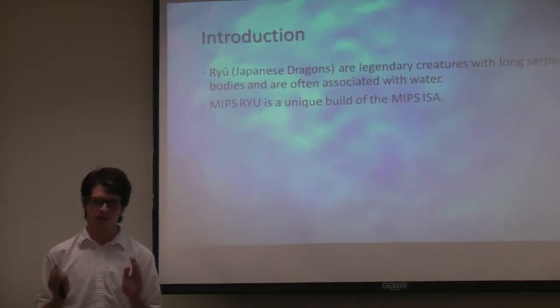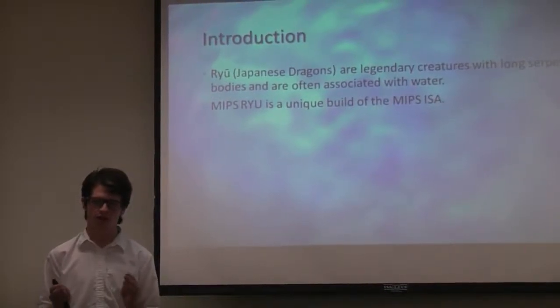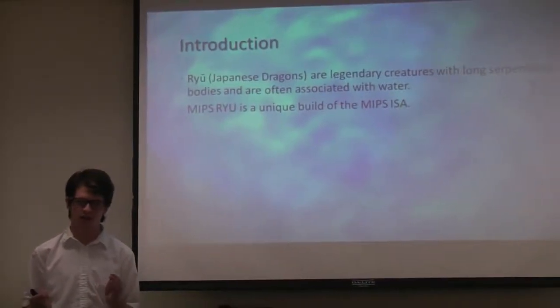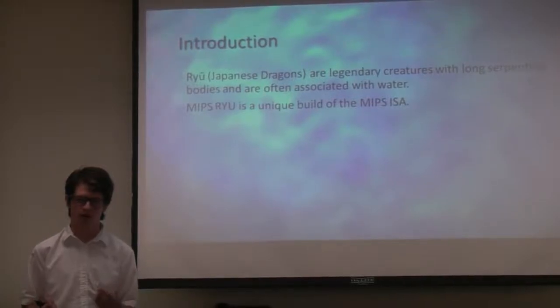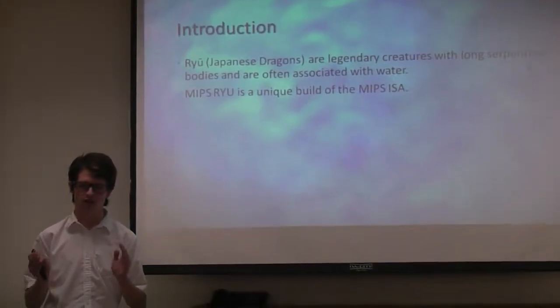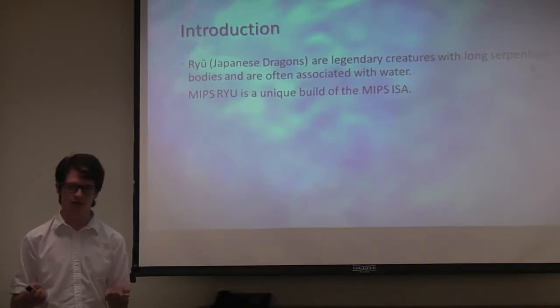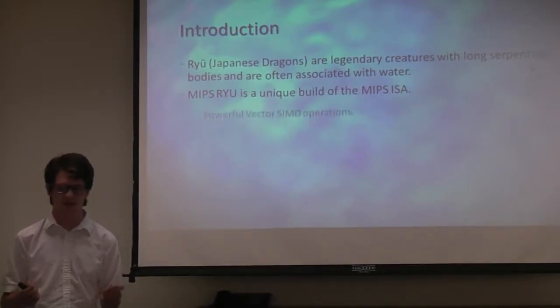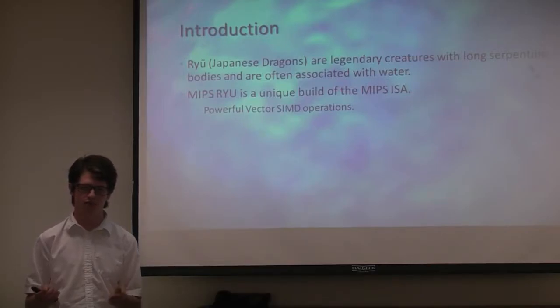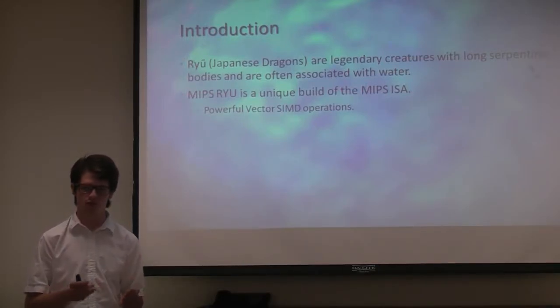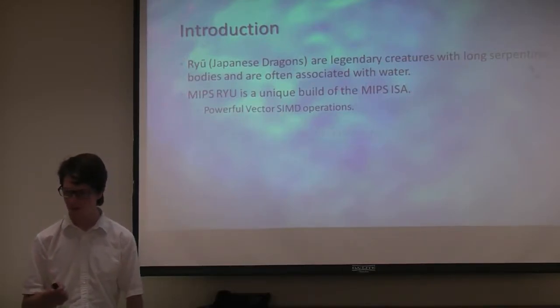So, in Japanese, the Ryu, they are Japanese dragons. They're often associated with water, and they're long, serpentine, legendary creatures. The MIPS Ryu is a unique build of the MIPS ISA. It has powerful SIMD instructions. MIPS Ryu is powerful, dragons are powerful.